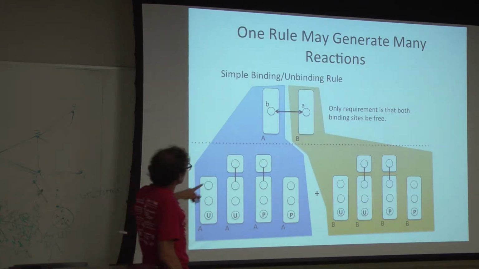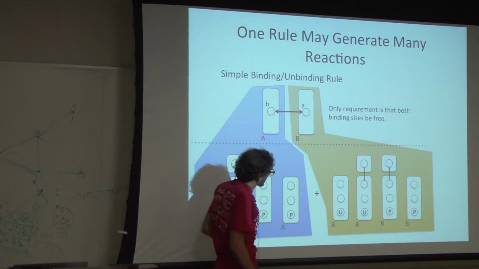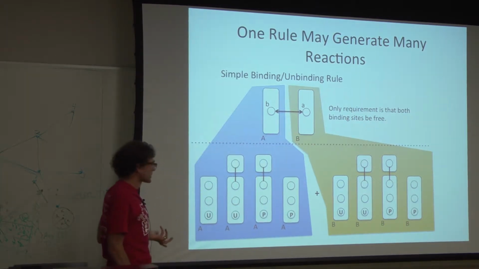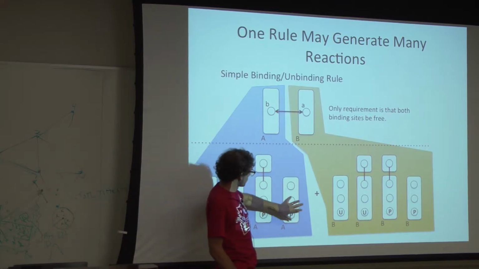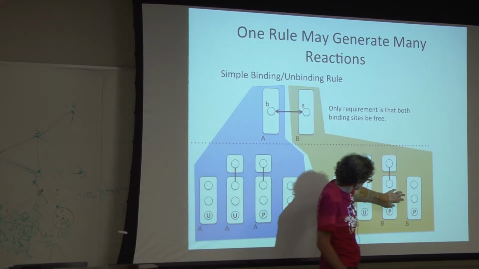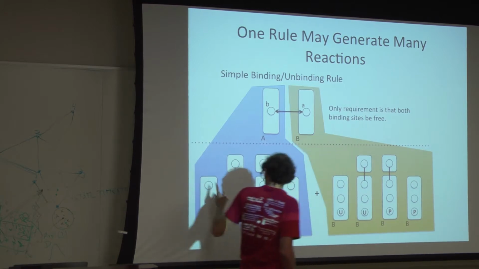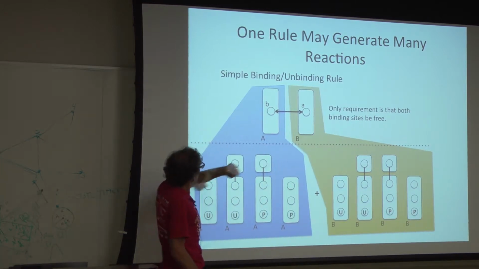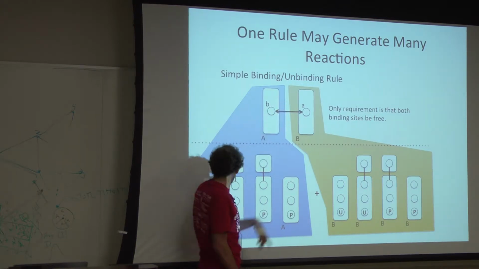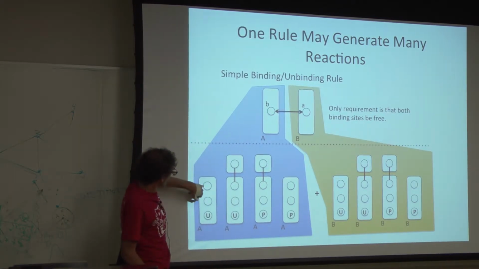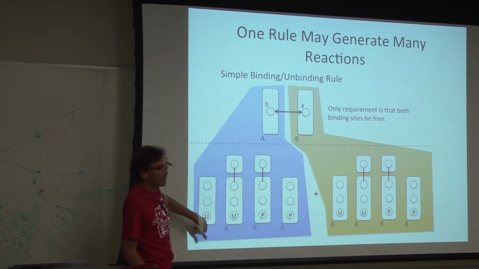So this simple rule for binding between A and B actually has many possible consequences in a complex network. There are many different forms of the A molecule, for example, and many different forms of the B molecule, which can have other components. So this A molecule had a binding site for B here, but it may have another binding site for ligand, a phosphorylation site.